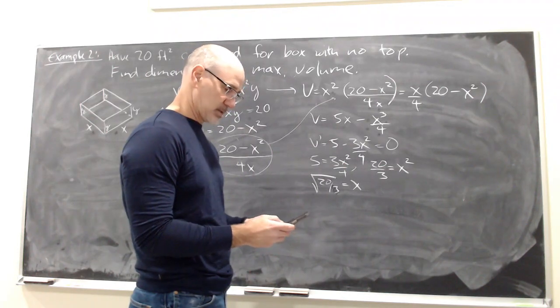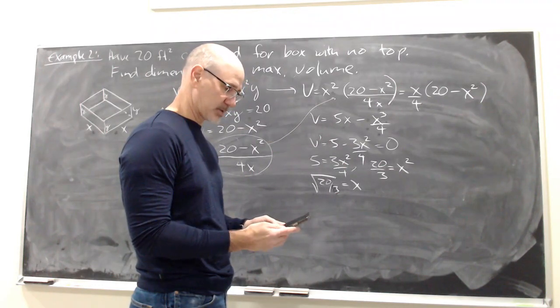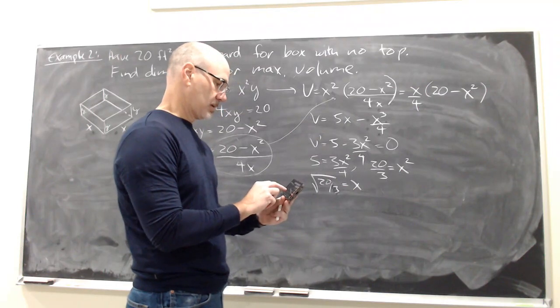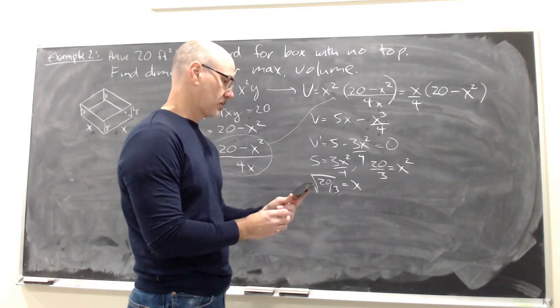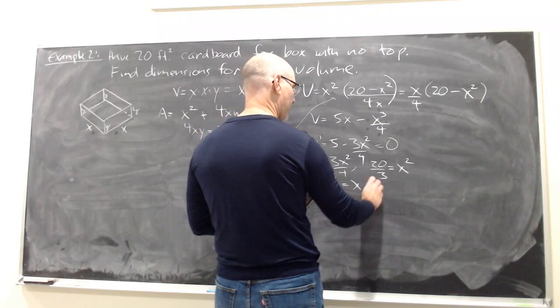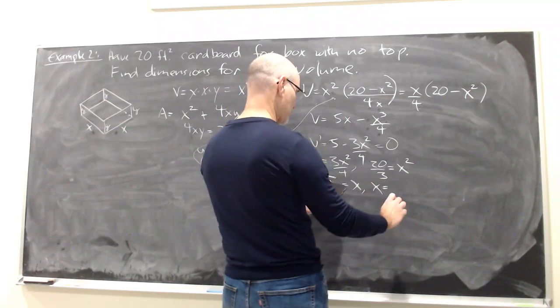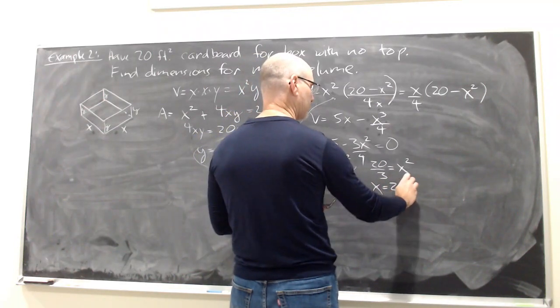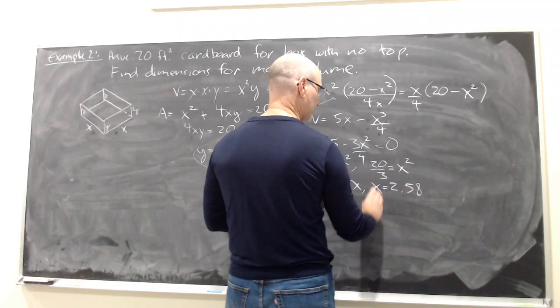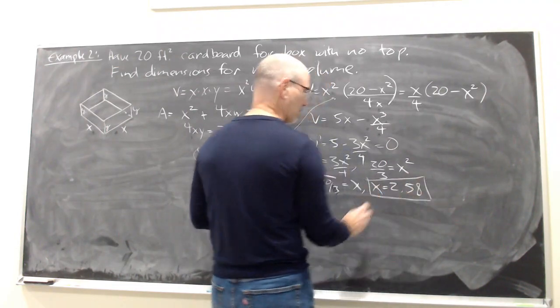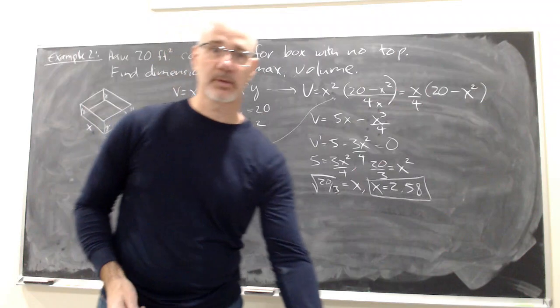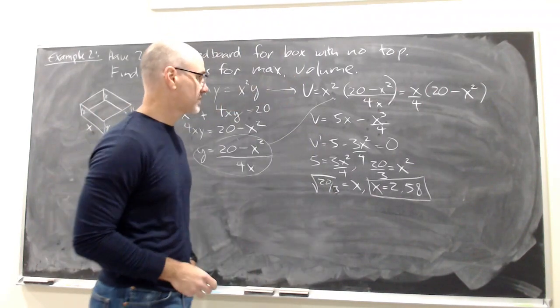And I'm just going to get a decimal approximation here. Take a square root. So x is about 2.58. Right. That's our only critical value to deal with.